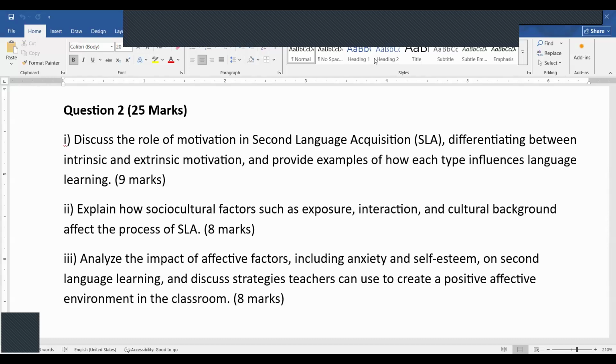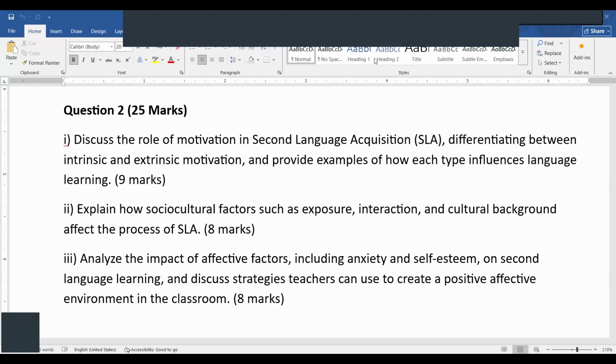This is based on Krashen's theory of second language acquisition. The affective filter is one hypothesis. When the student is too excited and anxious, it will stand as a barrier for language learning. And self-esteem is also another factor which stands as a barrier.